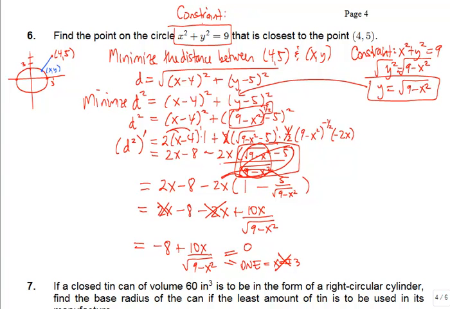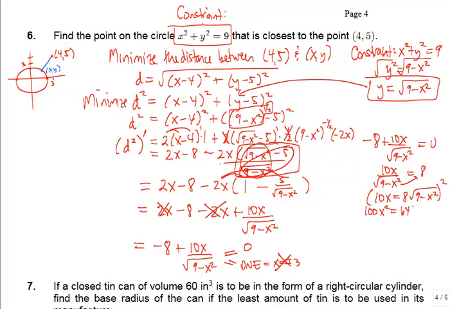So if I go and I set this to 0, I'm going to add that 8 over to the other side. Then I'm going to cross multiply that square root over to the other side. And then we need to square both sides to get rid of that square root. So this becomes 100 x squared equals 64 times 9 minus x squared.